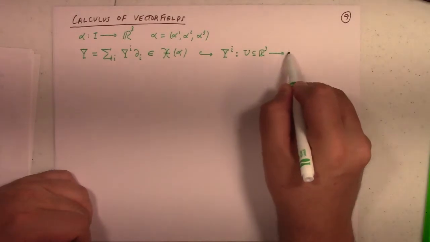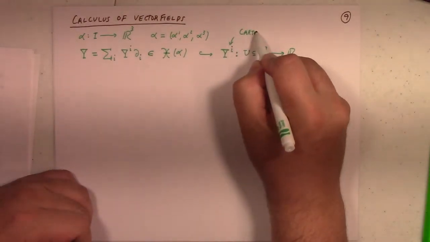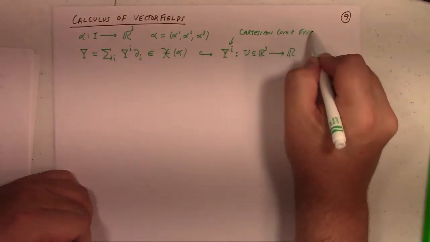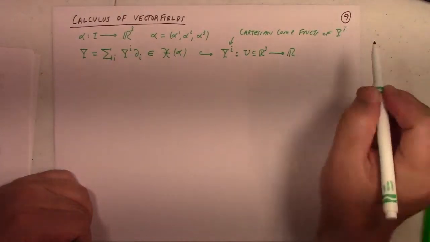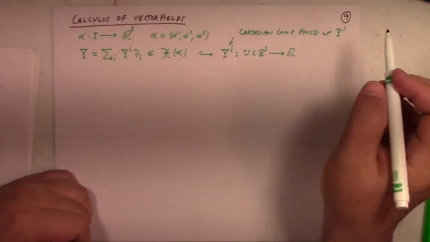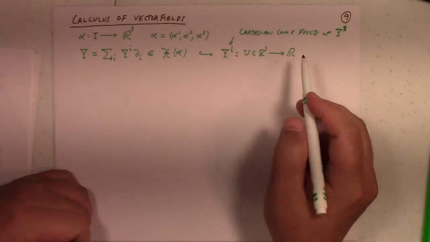And these are the so-called Cartesian component functions of y. Well, not of y sub i, they're the Cartesian coordinate functions of y.